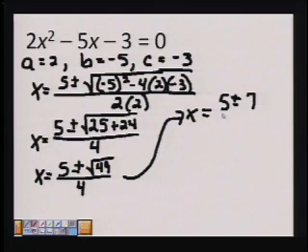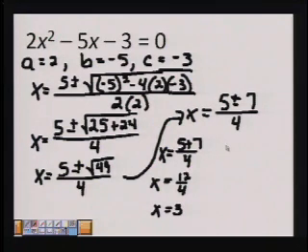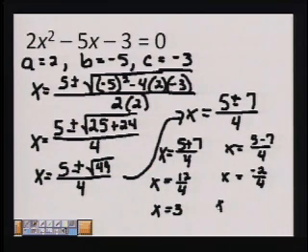So I have 5 plus or minus 7 all over 4. So let's find the two solutions. We could have 5 plus 7 over 4, which is 12 over 4, or 3, or we could have 5 minus 7 over 4, which is negative 2 over 4, or negative 1/2. You'll notice these are the same solutions we got when we used factoring.